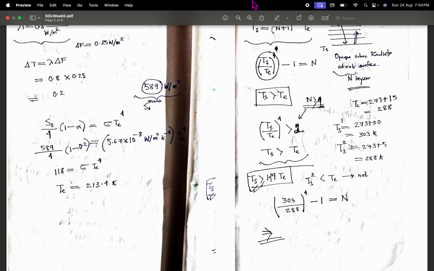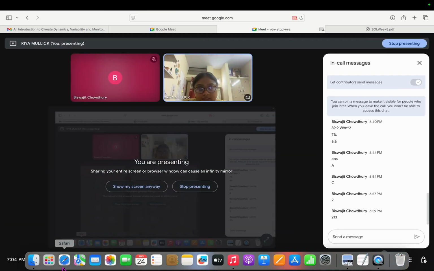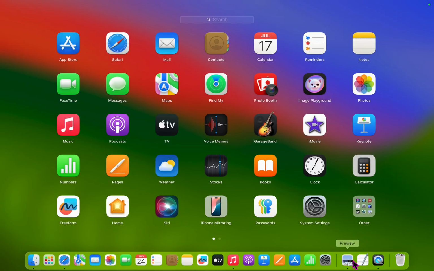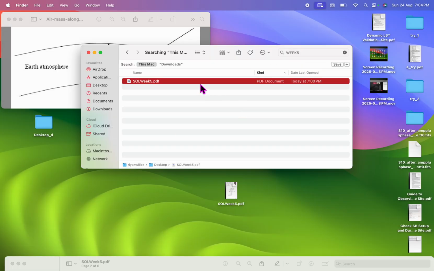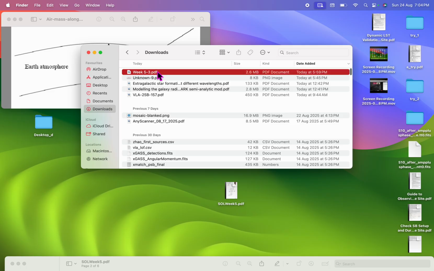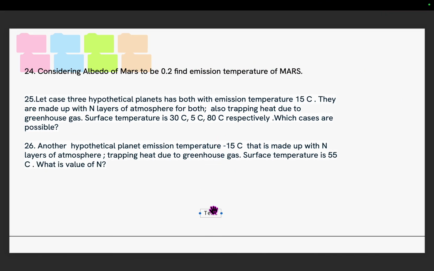So in the first case of this question, from this model, our Ts should be greater than 1.19 times Te.